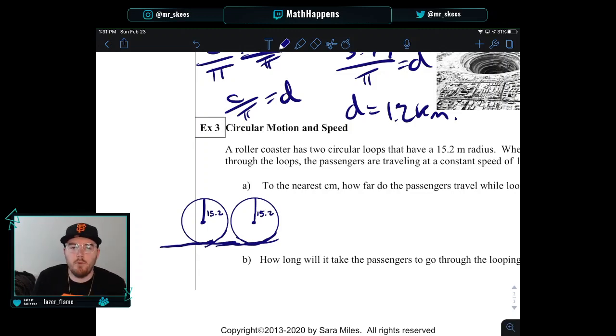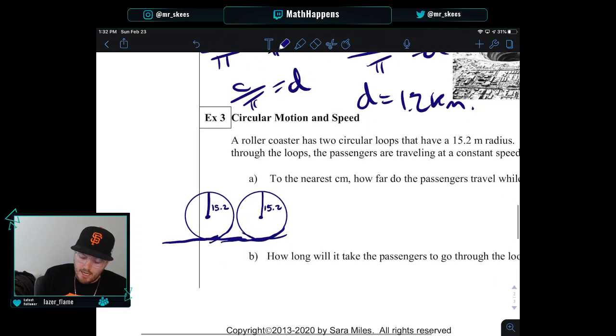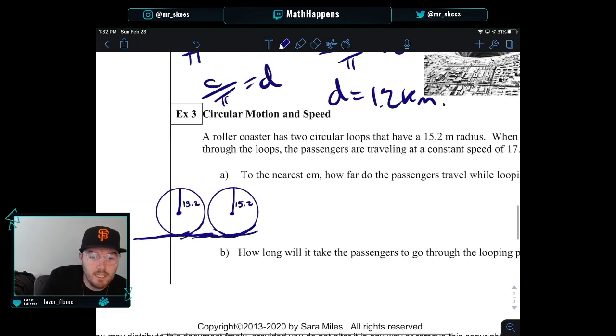So there's a 15.2 meter radius for each of these loops of the roller coaster. To the nearest centimeter, I don't know why we're asking for centimeters, but to the nearest centimeter, how far do the passengers travel while looping? So this is in meters. So let's do it in meters and then just convert to centimeters in the end, okay?